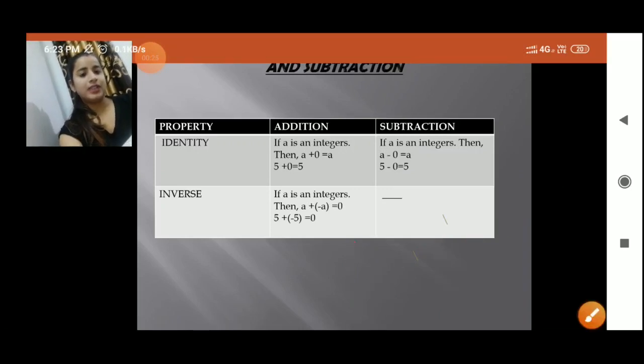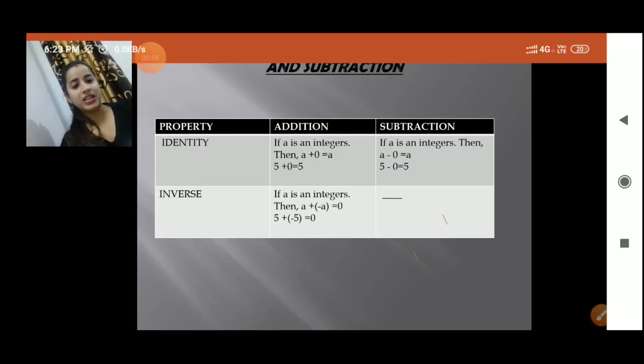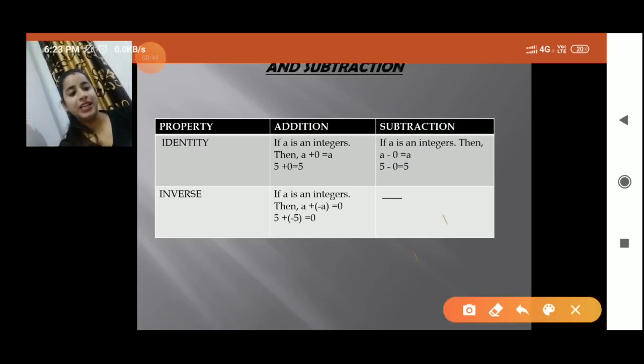Now look at the inverse property. If a is an integer, then a plus minus a equals 0. It means that if we take two integers, one positive and the other negative, and then add both, we will always get 0.